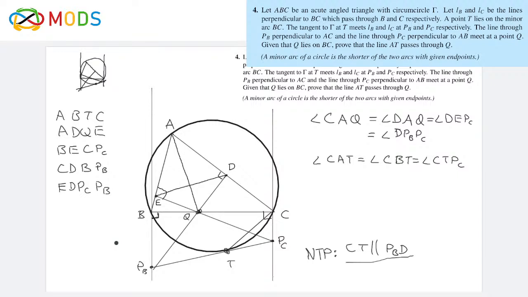Wait, is that even true? Oh, it must be. So that's not even true in the general case, AQ perpendicular to PBPC. But maybe something similar is.